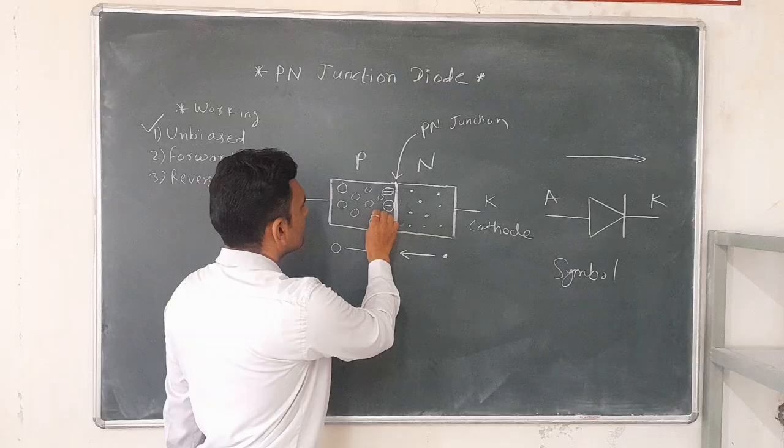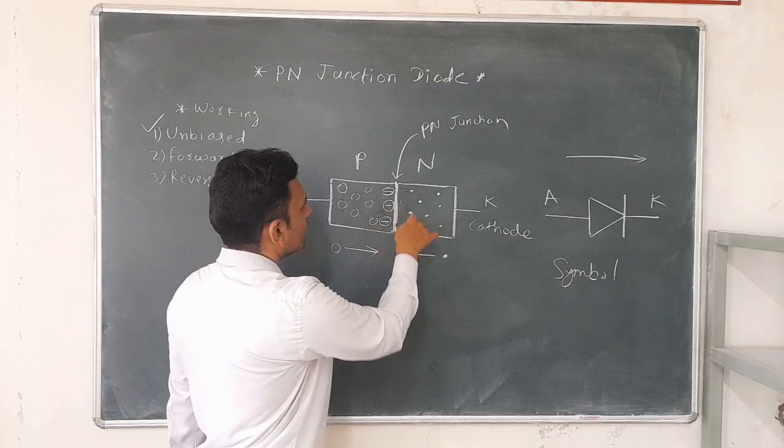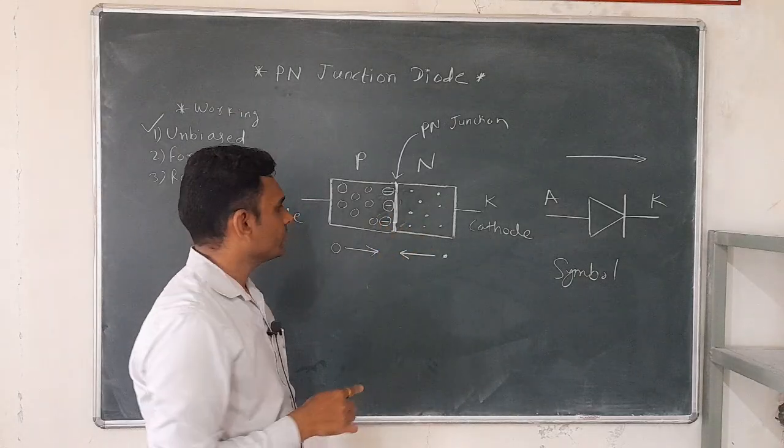Similarly, holes cross the junction, enter the n layer, and recombine with electrons.